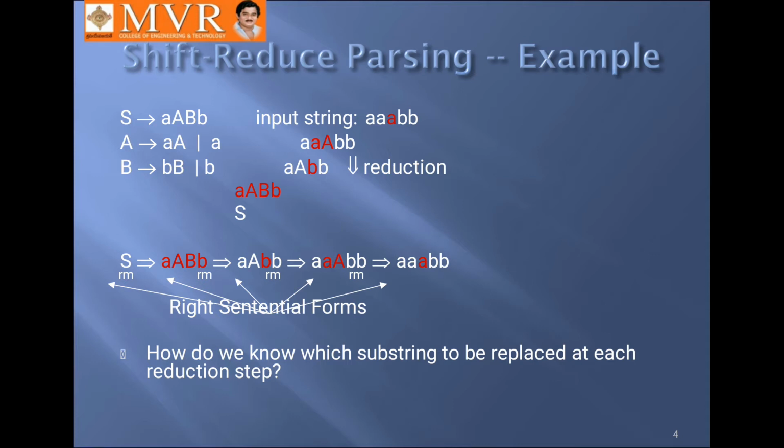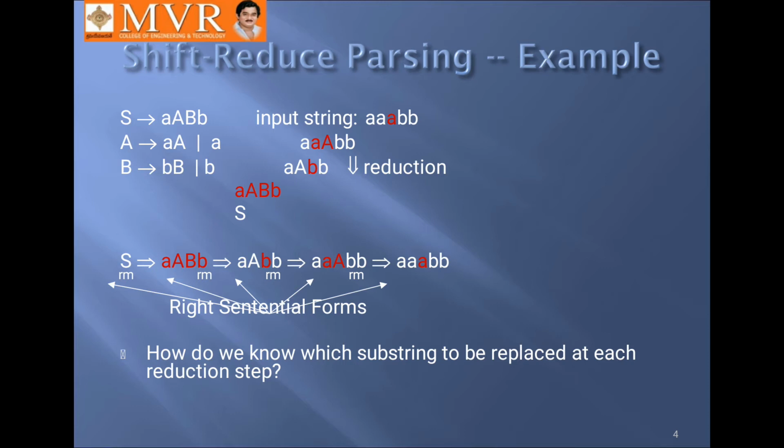Shift-reduce parser example: S goes to a A B b, A goes to a A | a, and B goes to b B | b. We have to find the right sentential forms first, and the substring to be replaced at each reduction step.